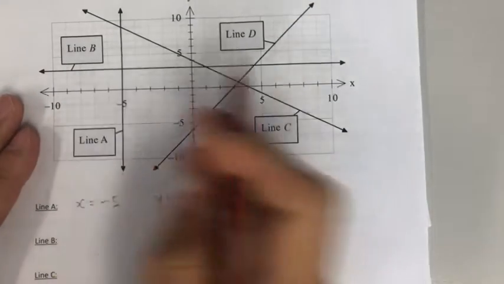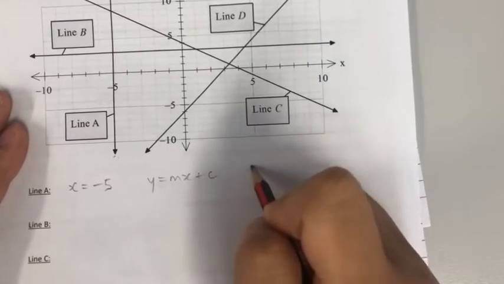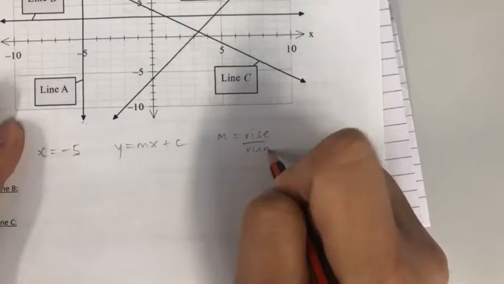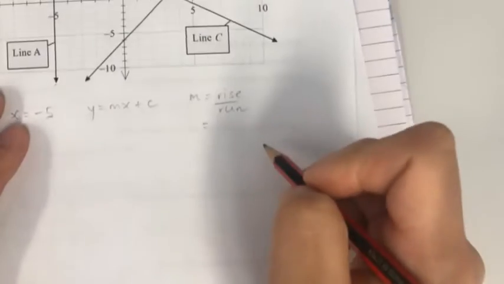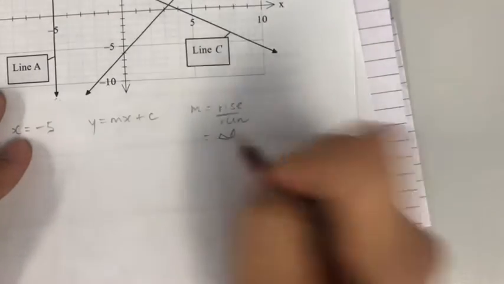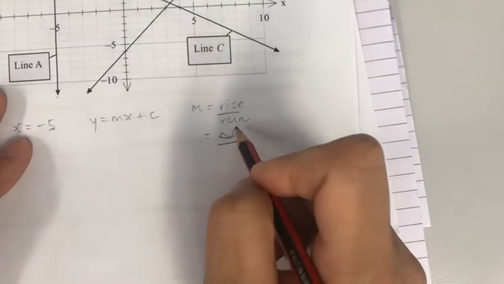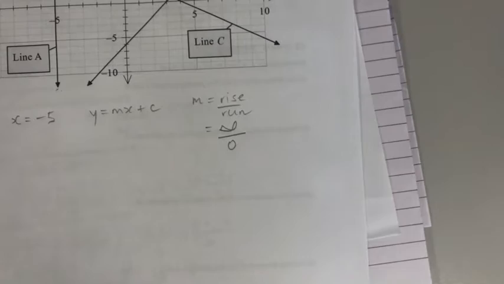So if you're looking at gradient, which is rise over run, it rises forever, so you could say it's infinite, and the run is nothing, which is 0, and you can't divide things by 0. You'll get a math error.